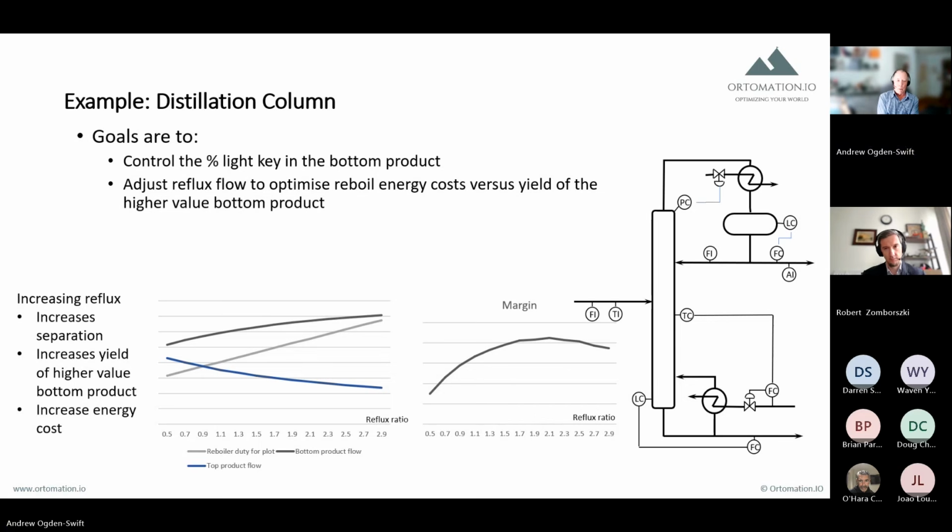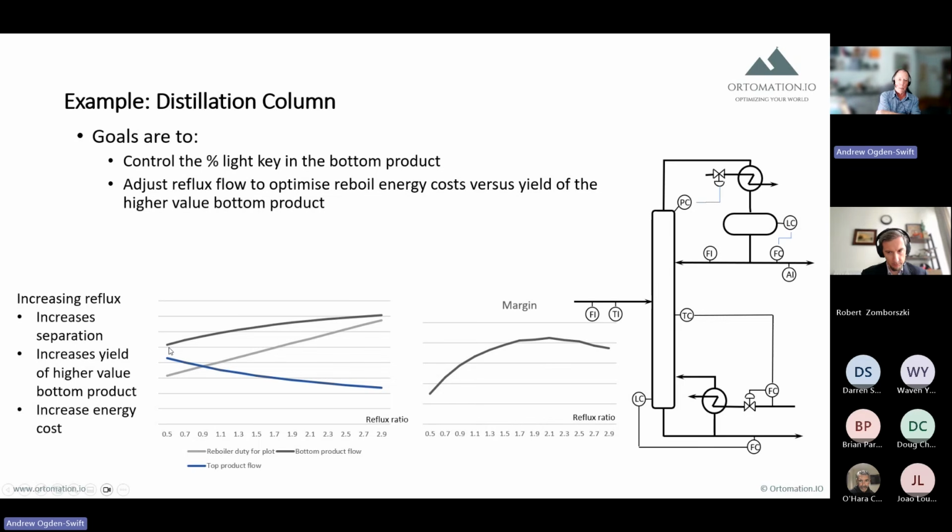And that, at a fixed bottom light key concentration, increases the yield of the higher value bottom product. But of course, it also increases the energy cost. So what you'll see is the bottom product will go up over time, the increase, but this is not linear.